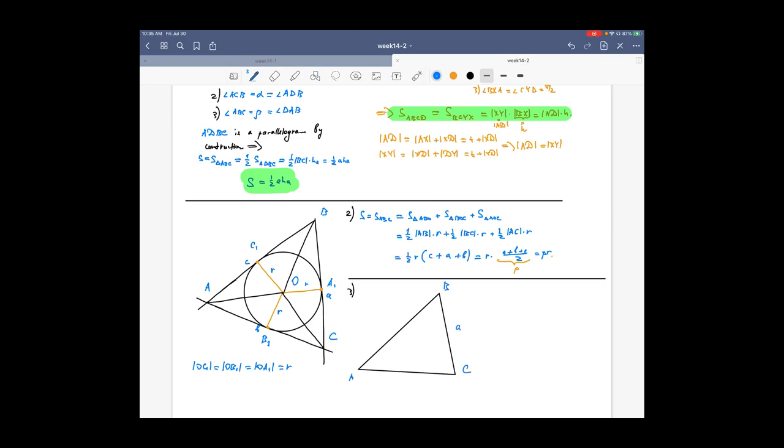So this is A, this is B, this is C. This is hb, the height. And let's denote this point by P.